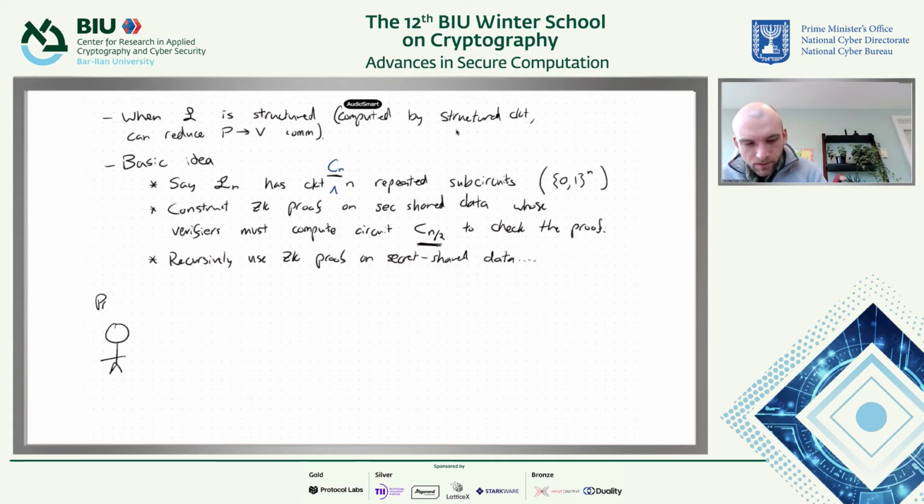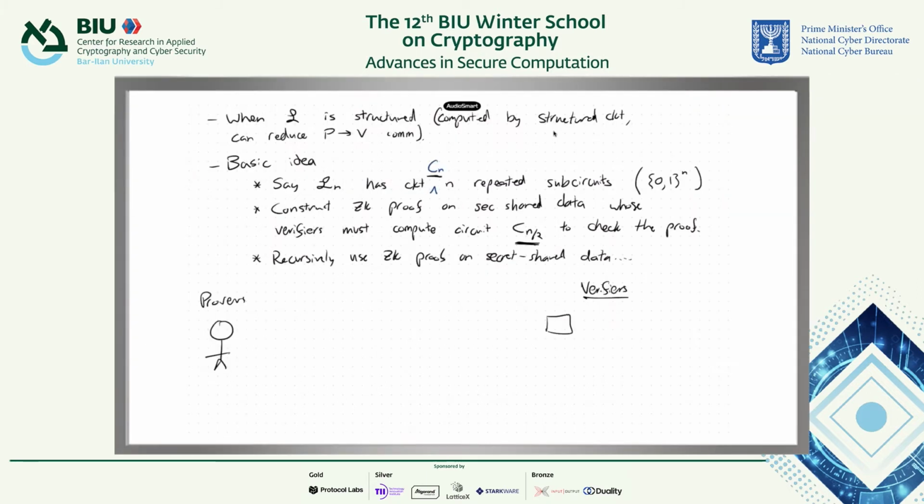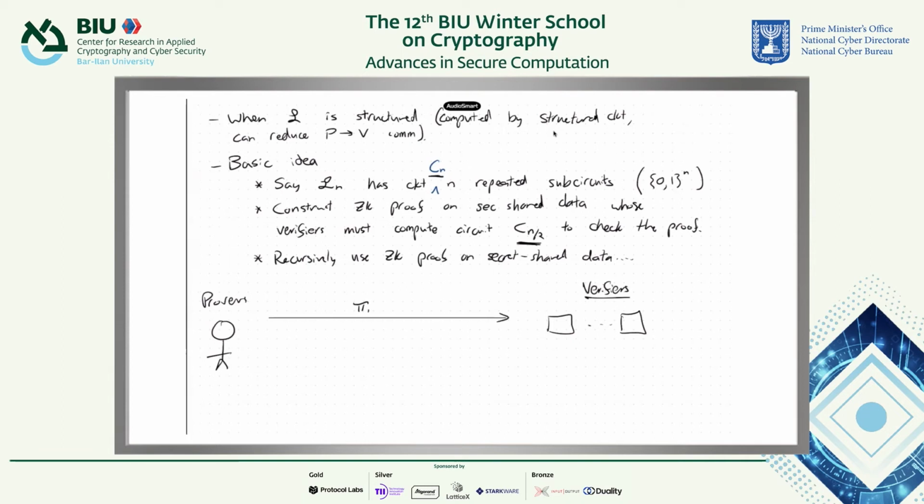So we have the provers and the verifiers. So it's, I don't know, multiple verifiers here. The prover sends kind of the top level proof. And what the verifiers do is they send the randomness that they would have used to check this top level proof.